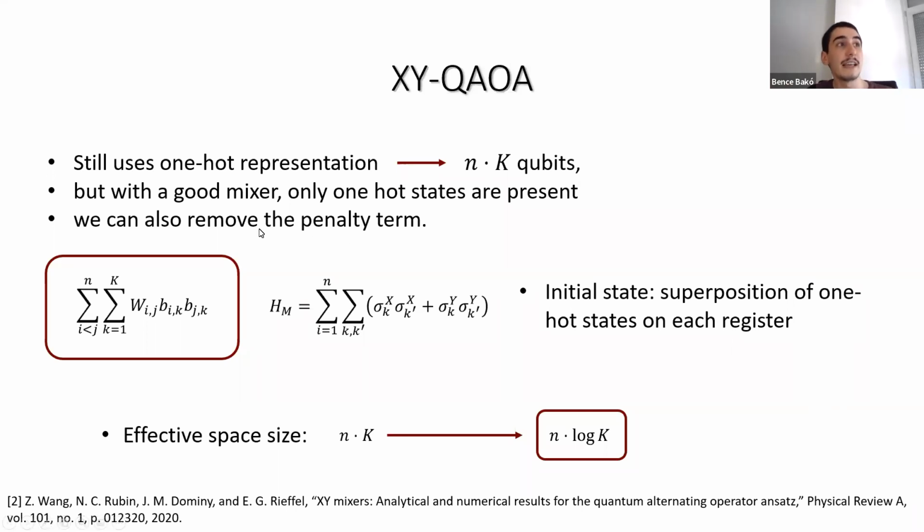So in this case, we can also remove the penalty term from the cost function because here we only have one-hot states.